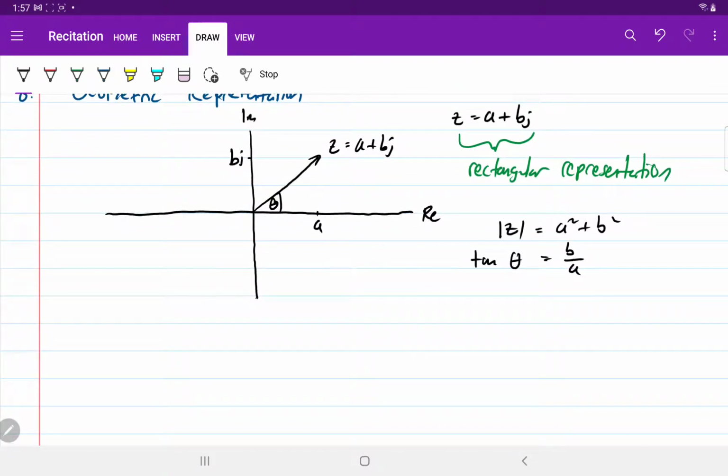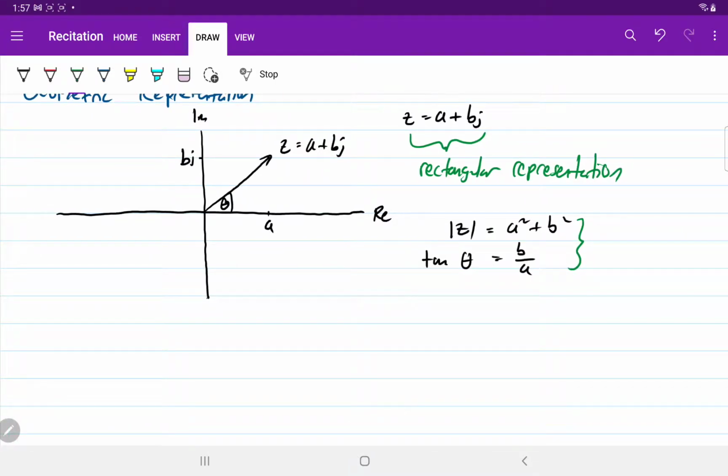So we can represent a complex number with the modulus and the angle. This is called angular or polar representation.